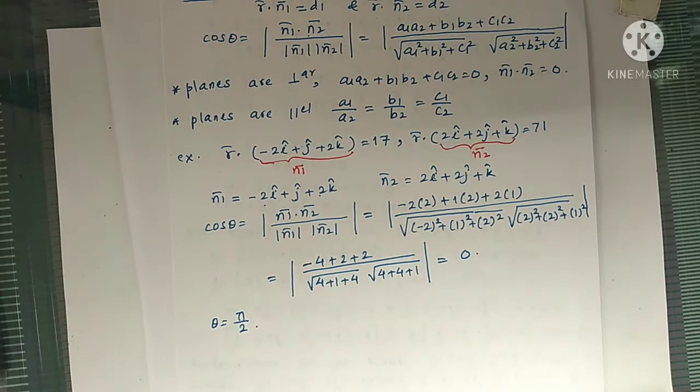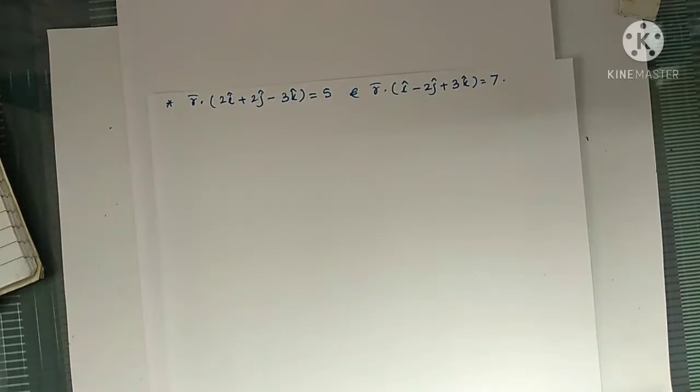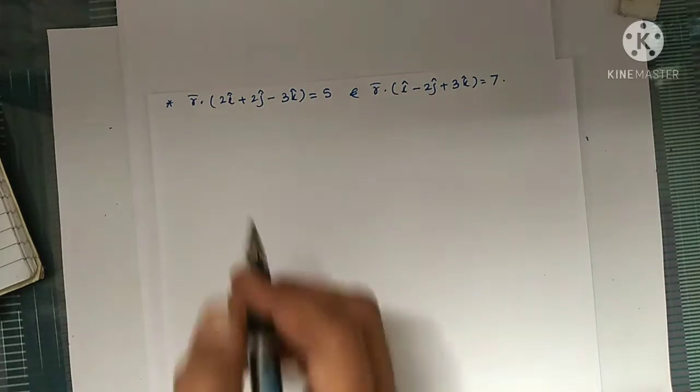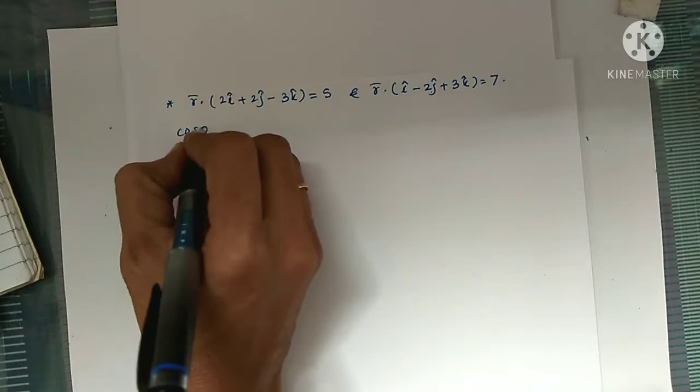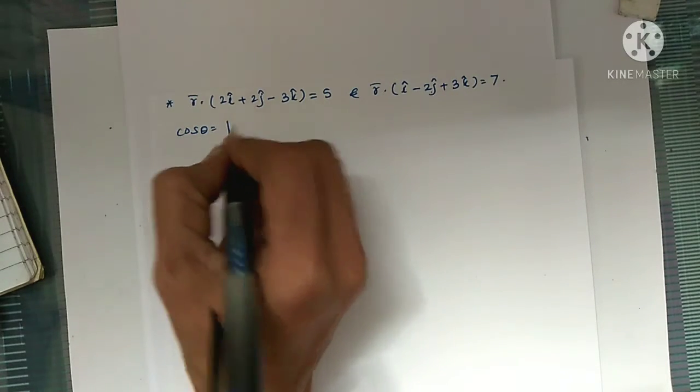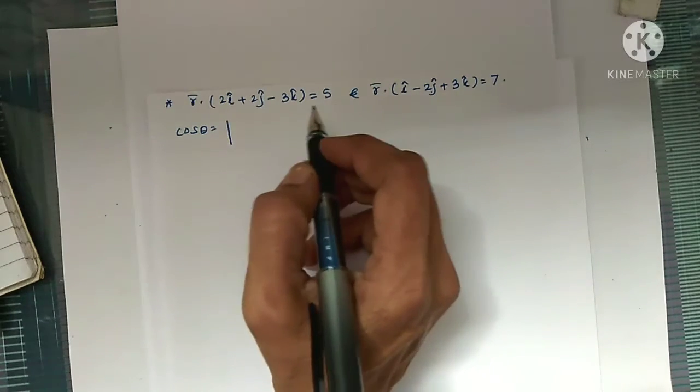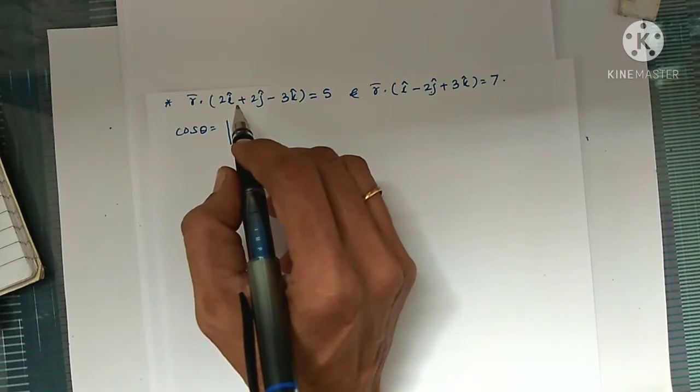Let's solve one more question. Find the angle between these two planes. This is n1 bar and this is n2 bar. So for cos theta, I am not writing the formula here again, but in the exam, first write the formula and then solve it.